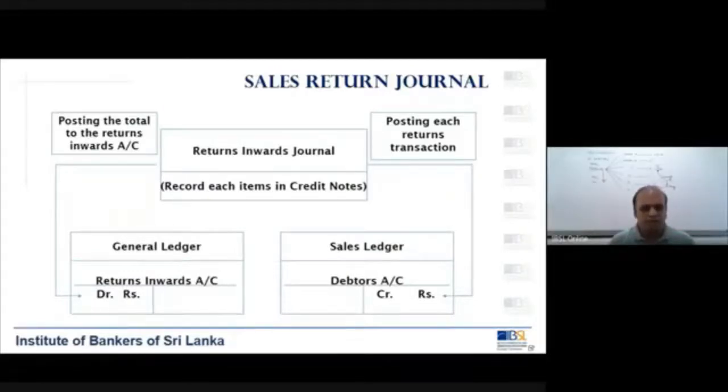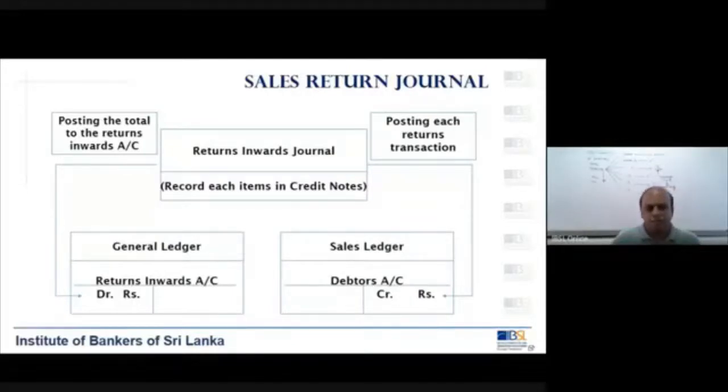So what do we do with this? No point in keeping it. So he will come back to the shop where he bought these 10 items, and now he will return these 2 items back to the seller. So what has happened here? There is a credit sale with a credit period of 30 days, and within this credit period, the customer or the buyer comes back to the company and says, look, two items of the 10 items I bought from you are not in good condition, so I would like to return them to you.